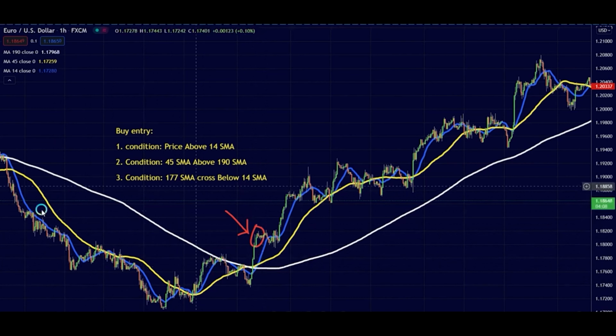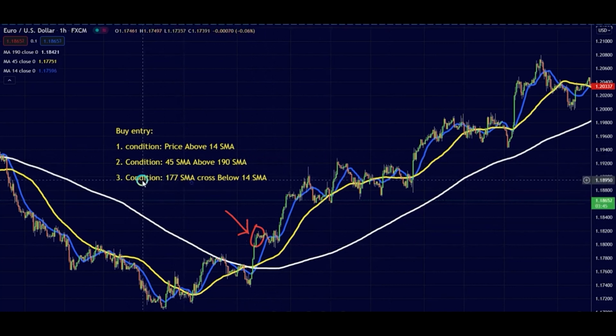Here it is not the right place, and now it will be the right place. As you see, it is a good filter and a good condition, so you won't blow your account with false signals. So we can check this condition as well. It is great. Now let's go to the third condition.